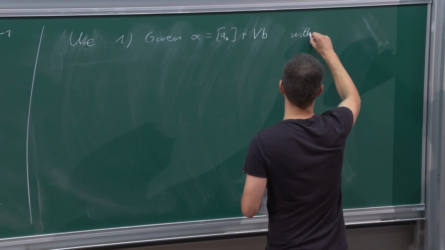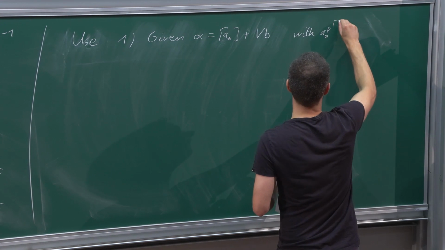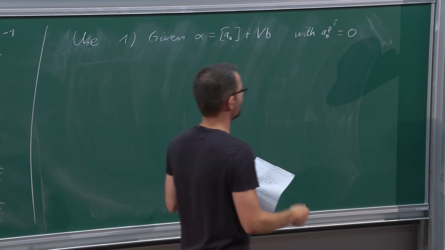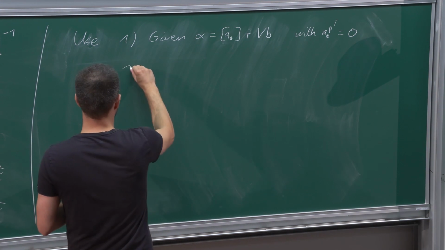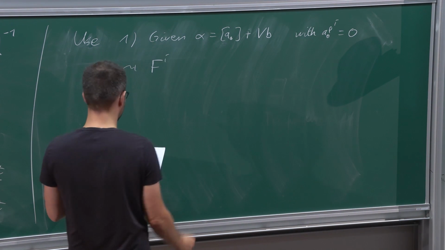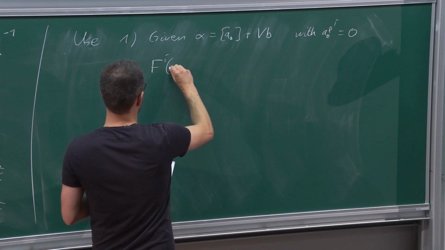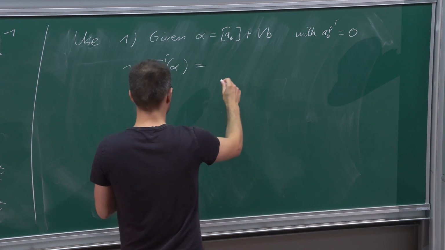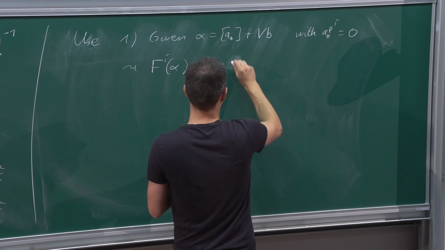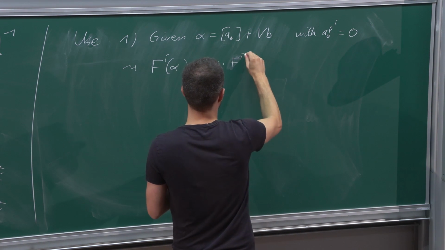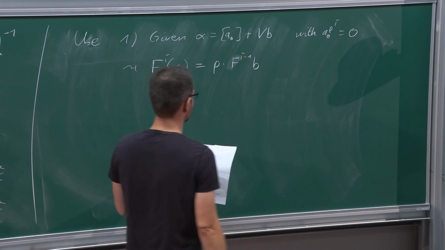And so we know that a_0 to the p^i is say 0 for i large enough. And then Frobenius^i of alpha is just given by p times the Verschiebung of p times Frobenius^(i-1) of b.